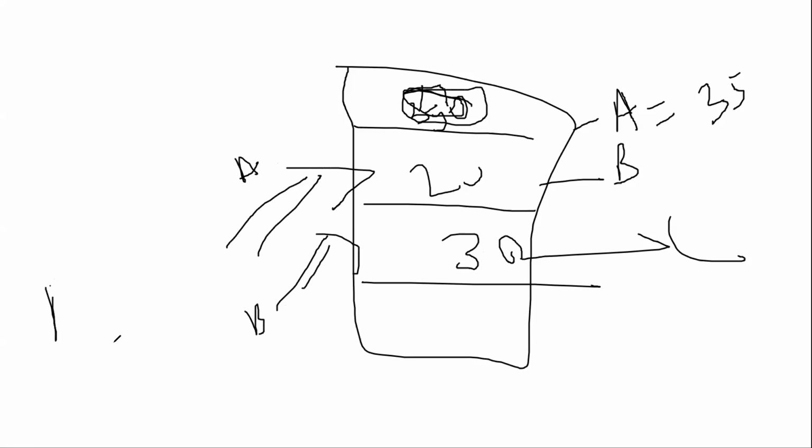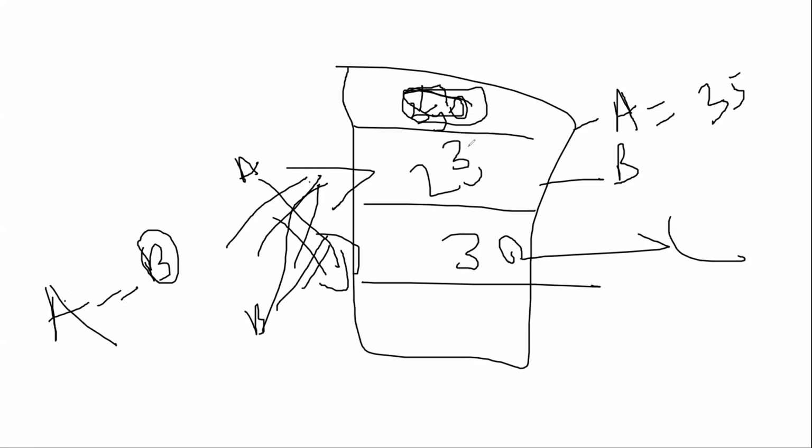In our program, if we decide to say A equals B, automatically both A and B will now be pointing to 30, because we have assigned the reference of 30 into A, which was 20 before. So it's not as if it's going to come to A and put 30 here. No, both of them are going to point to the same reference.